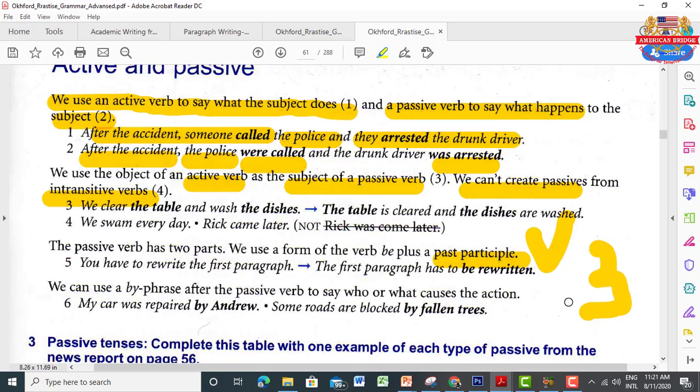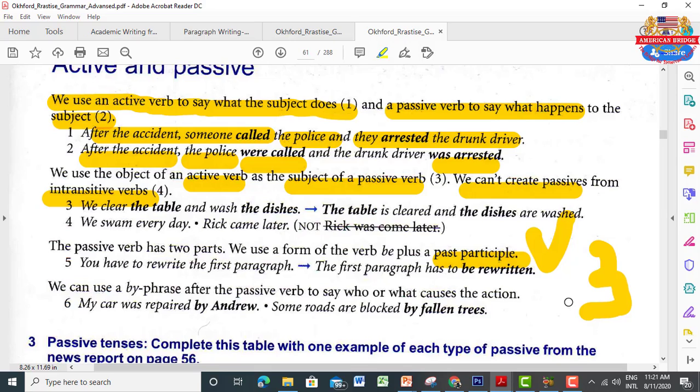Because of have to, we can say the first paragraph has to be written. This is the rule: have to just shows obligation, so we have to use be here, like have to be written.